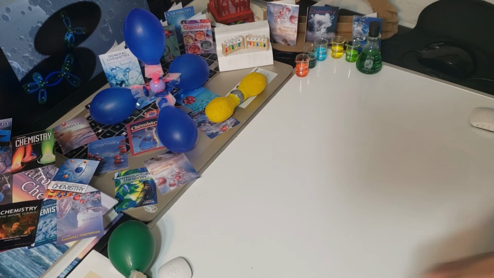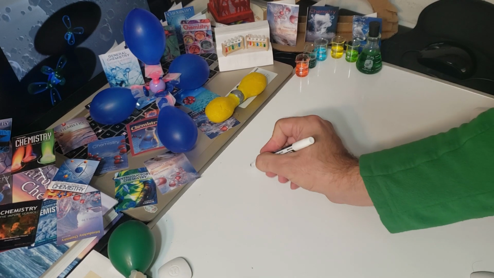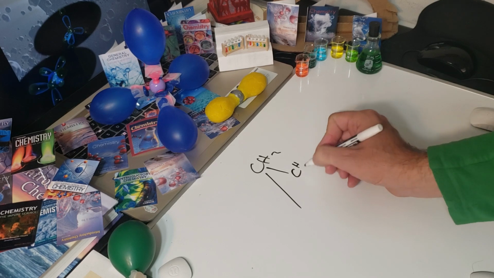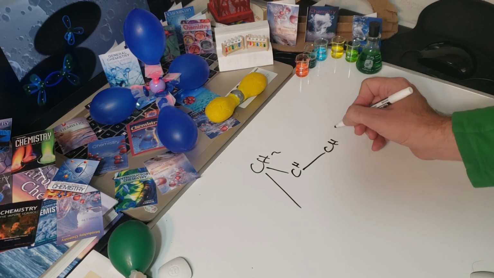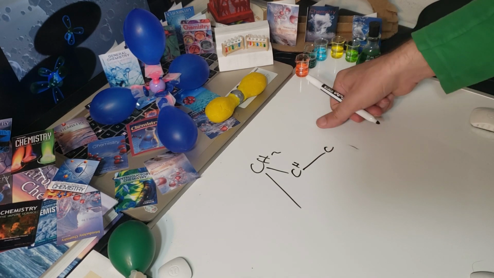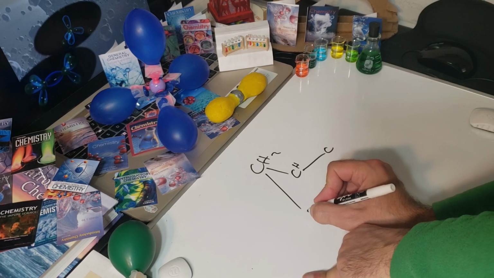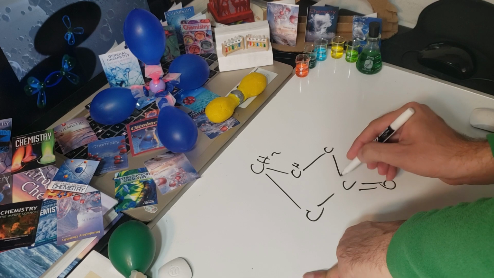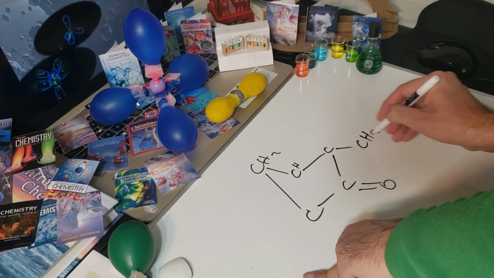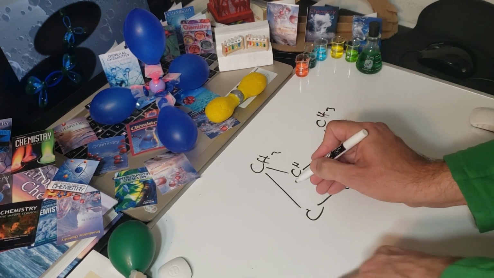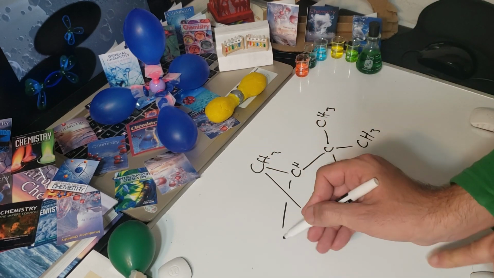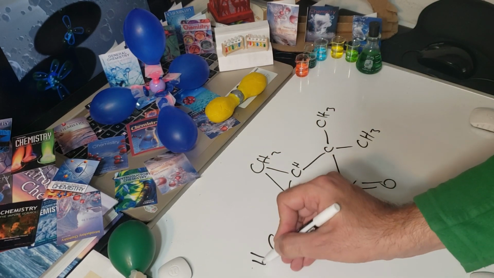Let's do this one. CH2, CH, carbon, CO, CH3, CH3. This goes below this bond here, so I just kind of show it like this.